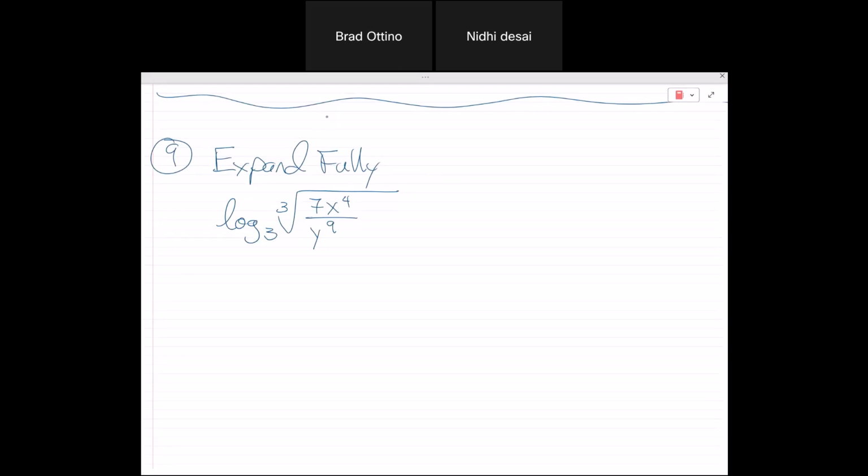First thing I would do is get rid of that radical by making it to the 1/3 power. The more properties you use, the more points I can give you. So I'm going to make this to the 1/3 power and then bring that in front.